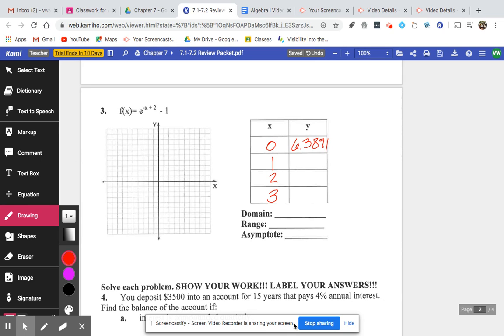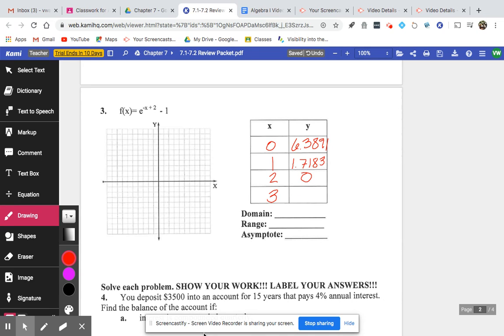When I plug in 1, we get 1.7183. When we plug in 2, it's actually pretty nice. e to the 0 is 1. 1 minus 1, 0. 3.